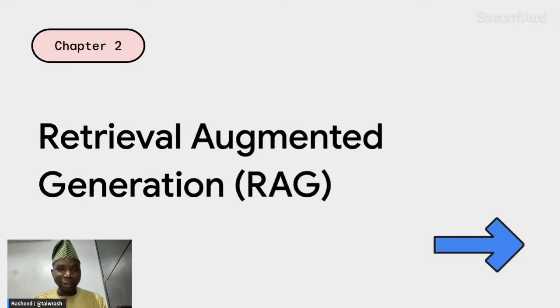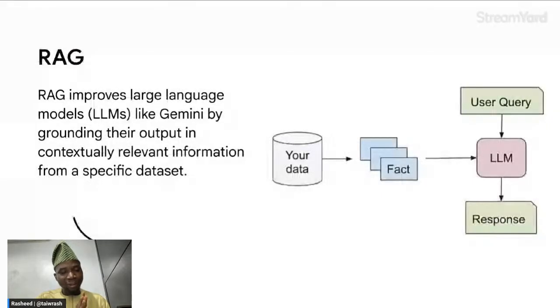Okay, moving on to our chapter two, talking about retrieval augmented generation. RAG comes with the aim of improving the response that we get from LLMs. Take, for instance, Gemini. If you remember the black box that I showed us in the beginning, that mathematical model, RAG comes to add something to it to provide contextual and relevant information for our model.